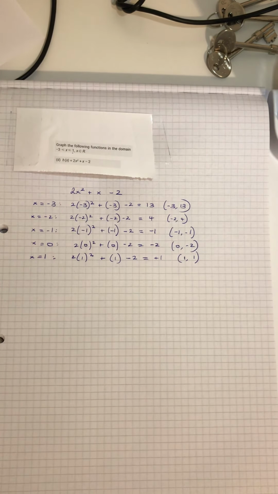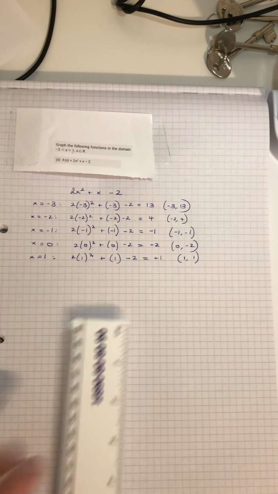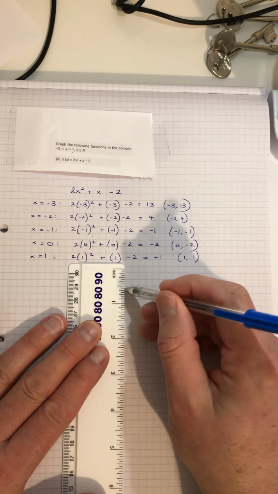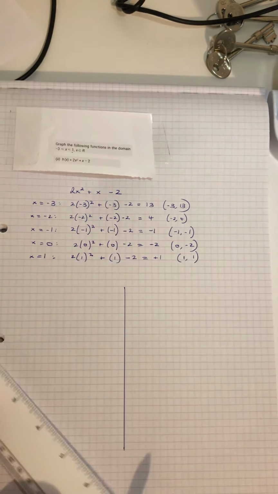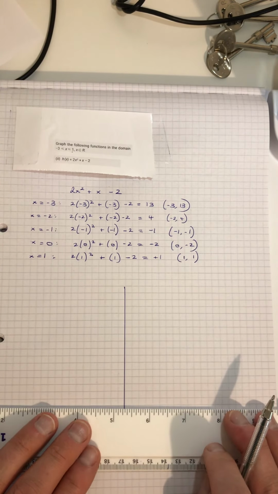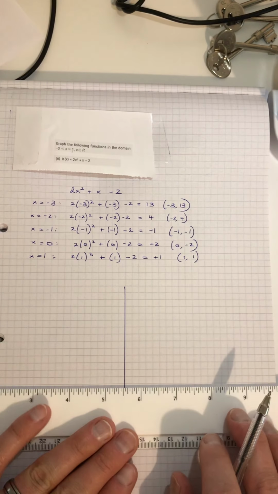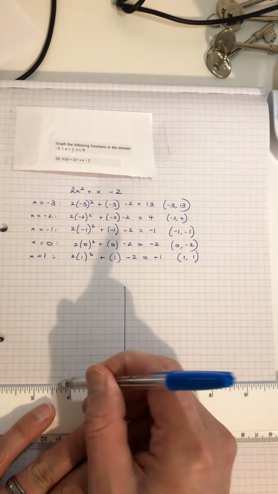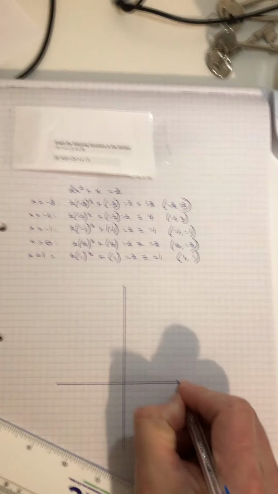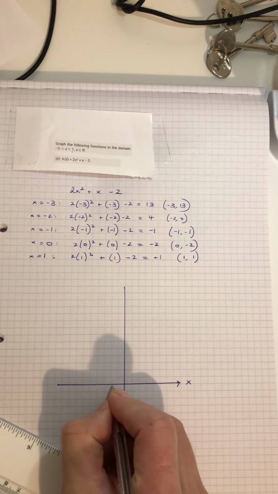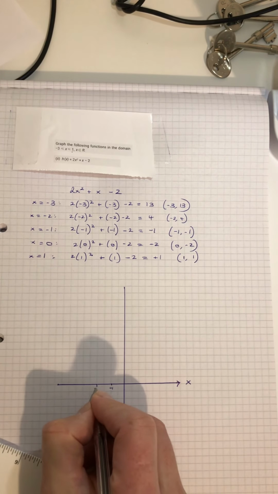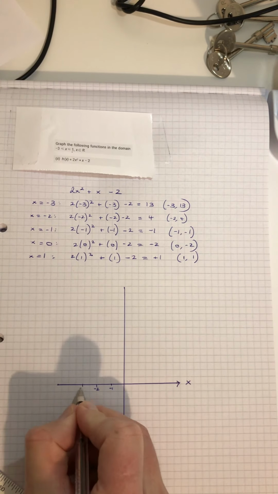So there are the points we're going to use to draw our graph again. And so this time, be careful, we're doing our x and our y axis. We need to get up as far as 13. So somewhere like here. So our x-axis, -1, -2. So I'm keeping the scale the same every time.